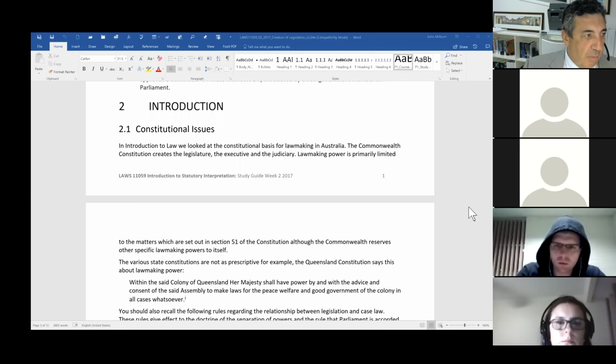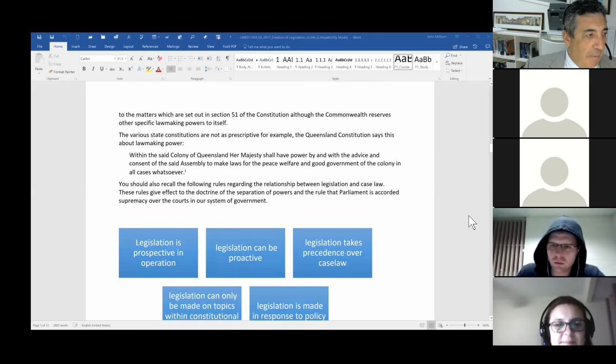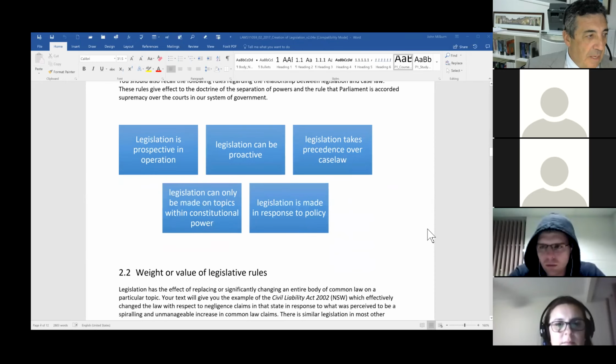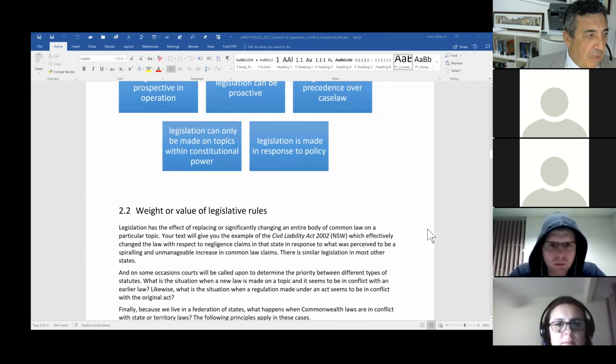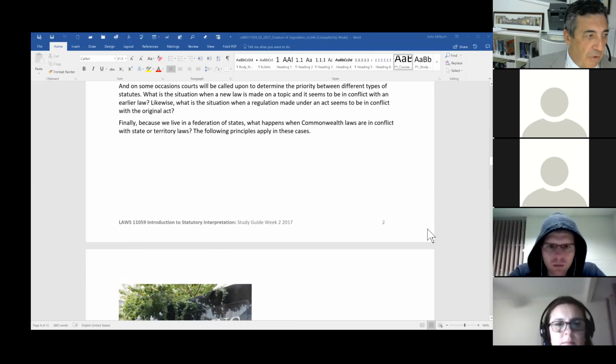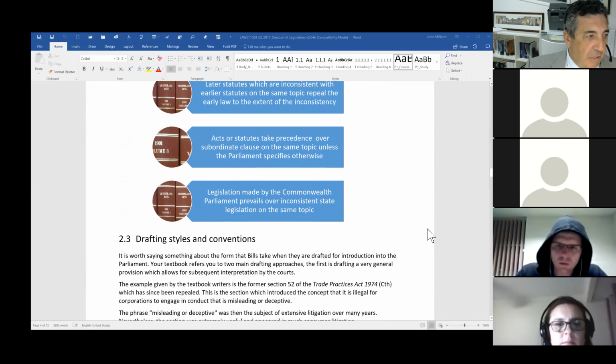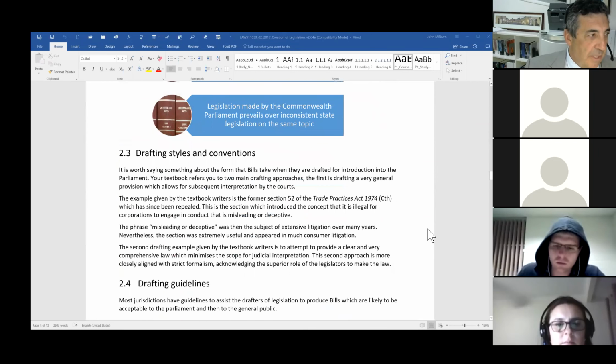When it comes to the Commonwealth Constitution, I think the starting point is Section 51, not 52, 51. And there are certain presumptions that need to be followed, certain rules that need to be considered. Again, I'm moving very quickly because I expect that you'll be able to follow this material pretty easily, and you've got other material that you can consider.